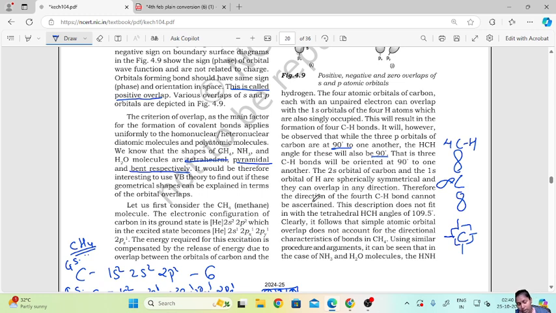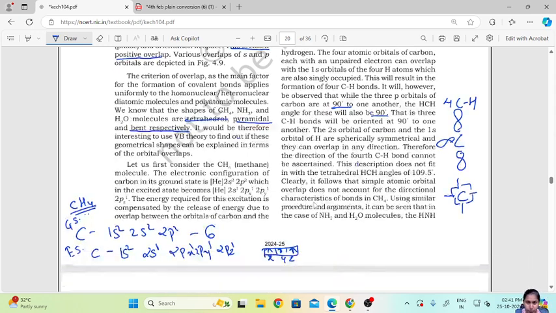The rest 3 you can say are present at 90 degrees, but the 4th bond you cannot predict at what angle it will be present, because both are symmetrical in shape.